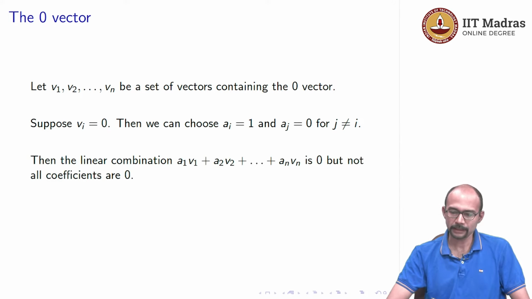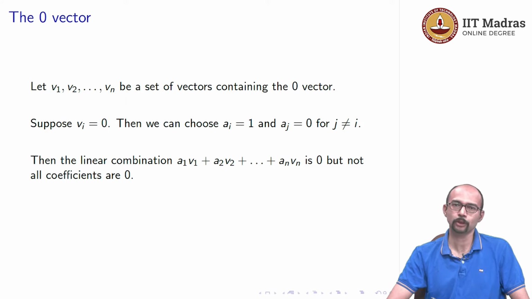So, if you do that, then look at this linear combination a1 v1 plus a2 v2 plus ... an vn. Now, for all the vectors where j is not i, aj times vj is going to be 0 because aj is 0. On the other hand, for the ith vector, you have ai times vi, vi is 0.